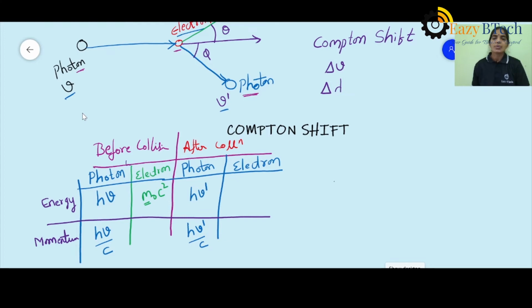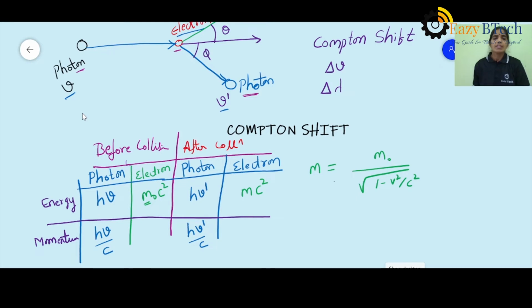After collision, the electron is moving, so it is having energy as mc square, where m is equal to m naught by root of 1 minus v square by c square.